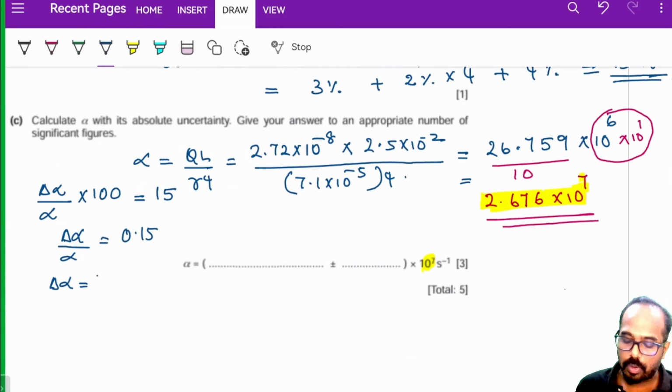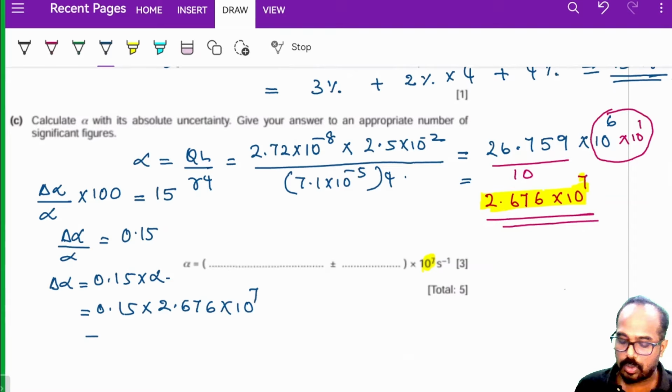That means 0.15 multiplied by alpha. So 0.15 into the alpha value, 2.676 multiplied by 10 to the power 7. Put these values in your calculator and the answer will be 4.0139 multiplied by 10 to the power 6. You can write this as 0.401 into 10 to the power 7, right?